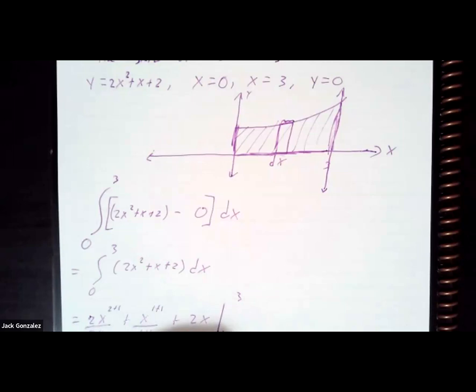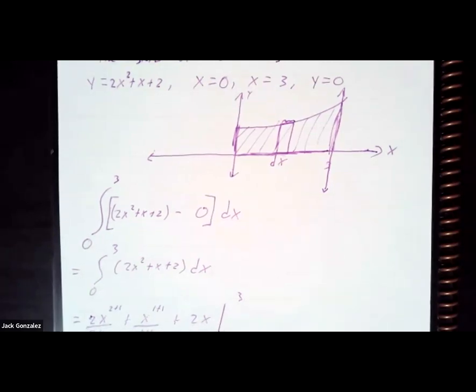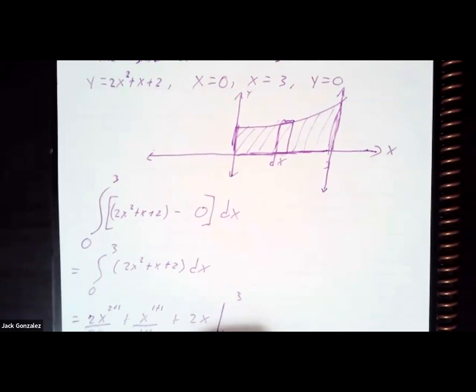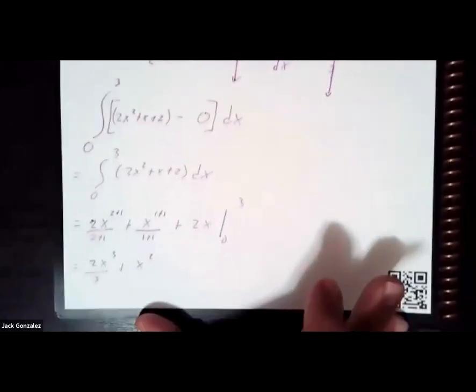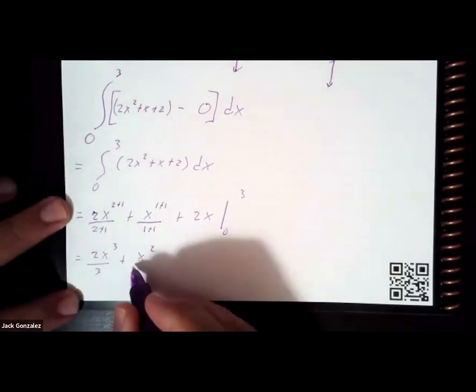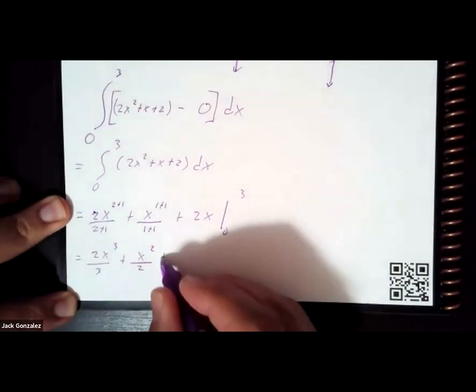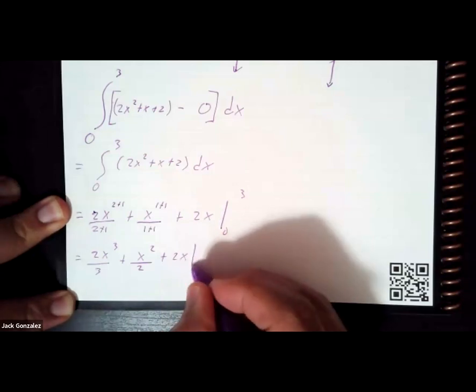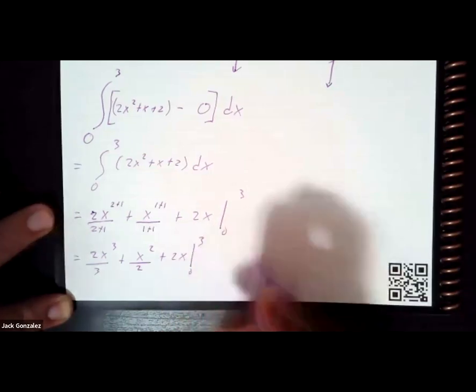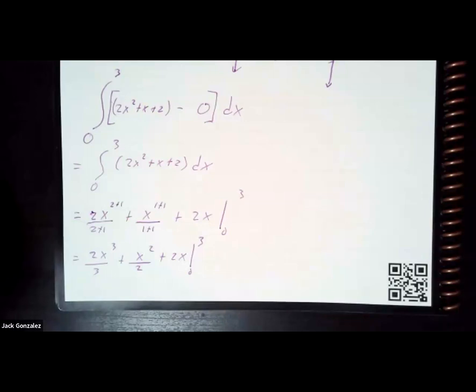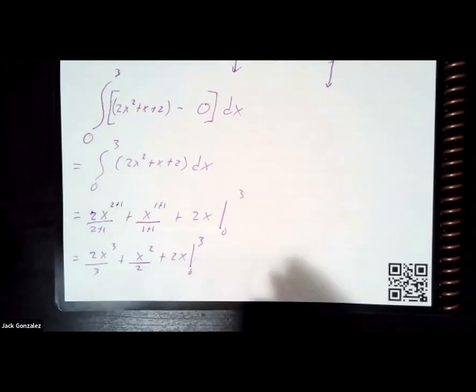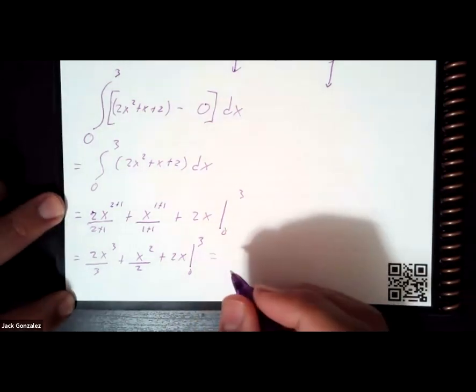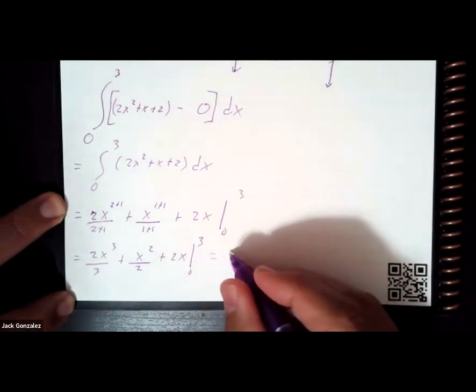So that will be 2x cubed over 3 plus x squared over 2 plus 2x from 0 to 3. So just plug in the numbers and you're good.